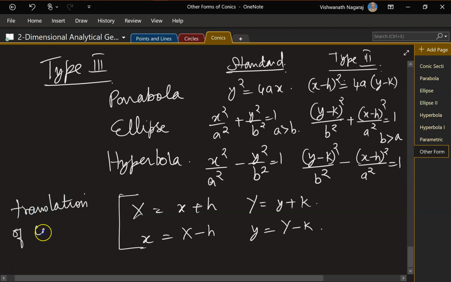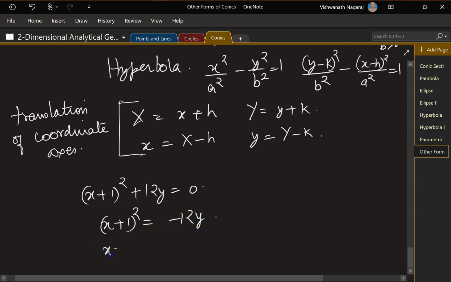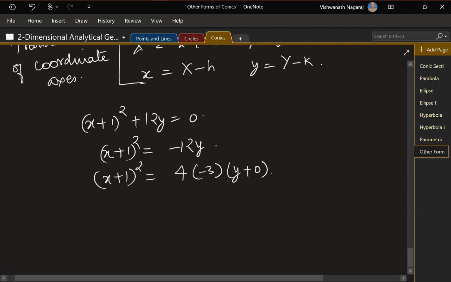So we are shifting the origin by translation of coordinate axis. So say for example, x plus 1 square plus 12y is equal to 0. So let's move it around. x plus 1 square is equal to minus 12y. Minus 12y can be written as 4 into minus 3 into y plus 0, right?